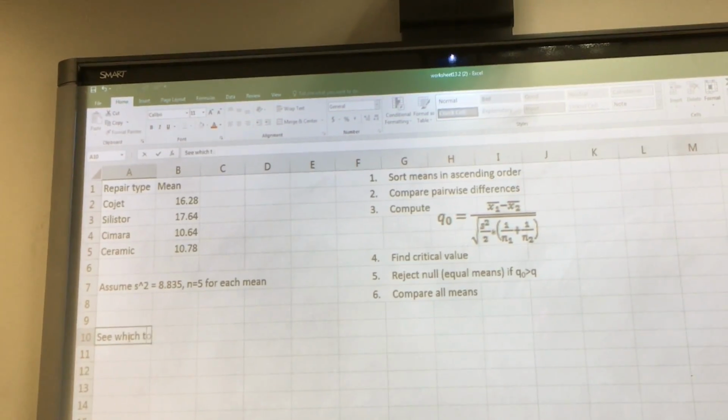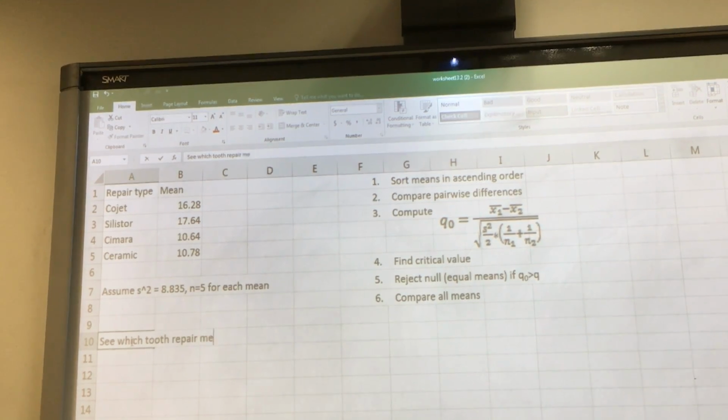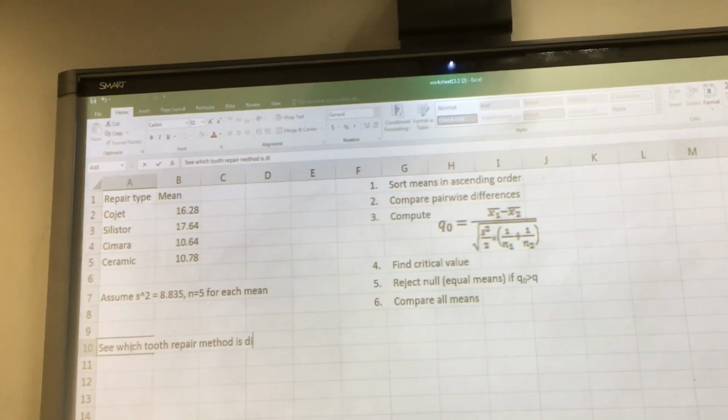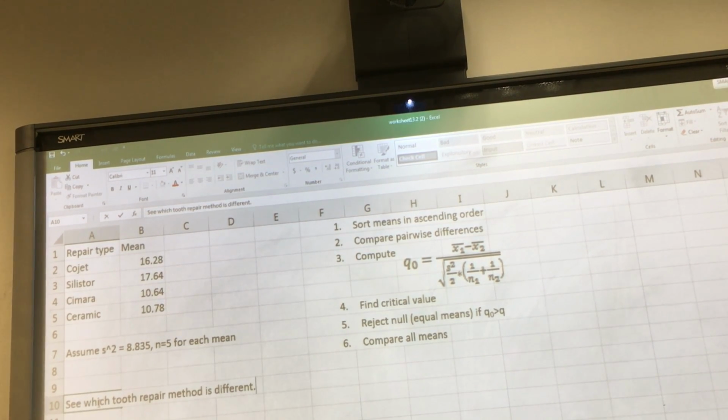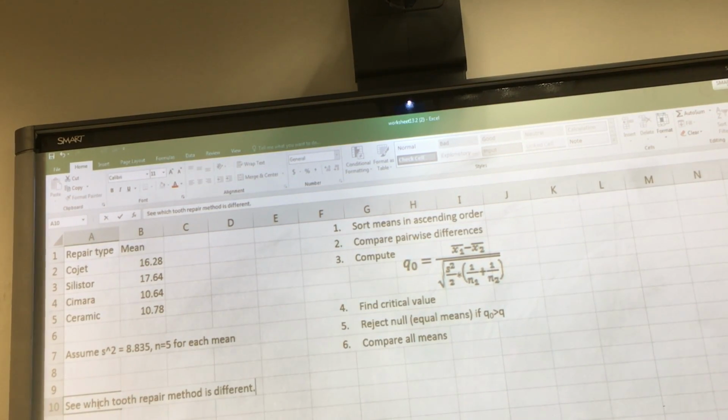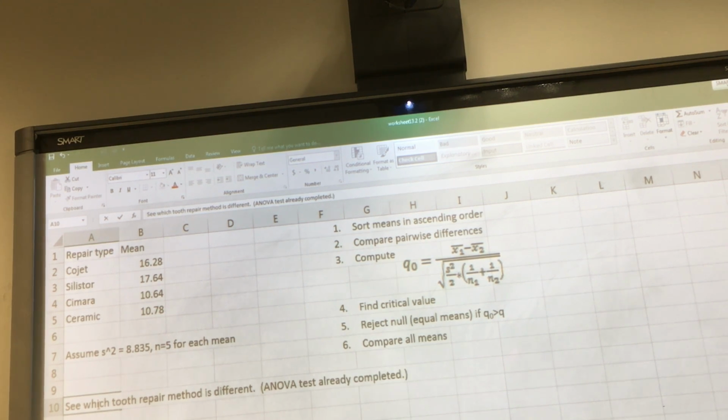See which tooth repair method is different. The rest we've already completed. Okay?